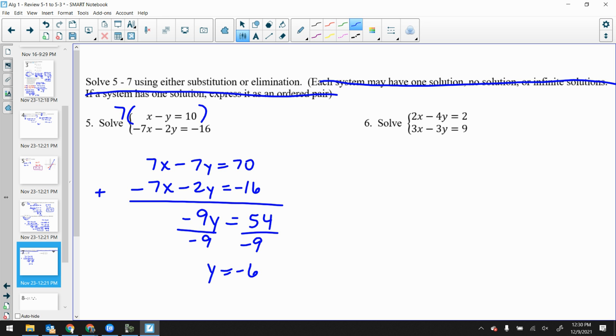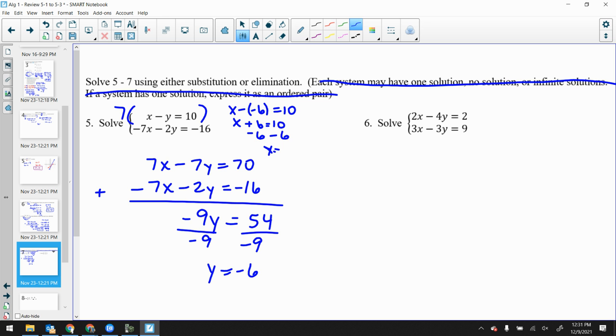Now, let's go back in and see what our x value would be. Let's plug it in back up here. x minus a negative 6 would be 10, just going back into my original top. So that's like an x plus 6, right? Subtract the 6.